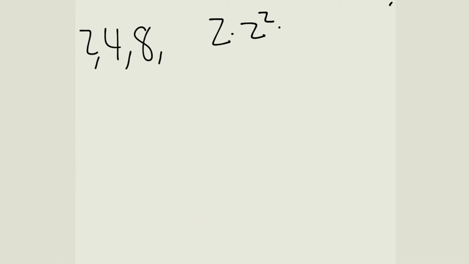So let's do some examples. Let's say we have 4, 8, and 2. So what will be the geometric mean of that? One strategy I like using is just multiplying them by their prime factors.